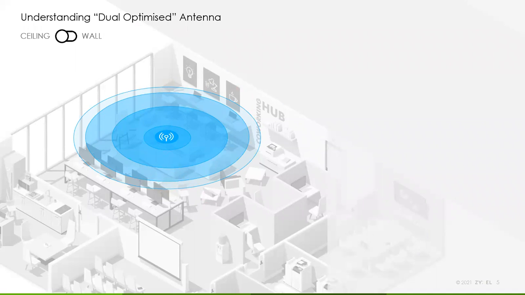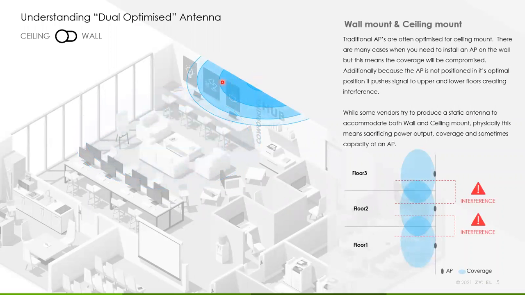The problem is, out there in the real world, you don't always get to mount your antennas on the ceiling. Oftentimes, you have to settle for mounting them up on a wall. When you do that with a ceiling mount antenna, you end up shooting a lot of your signal up into the ceiling and down into the floor.